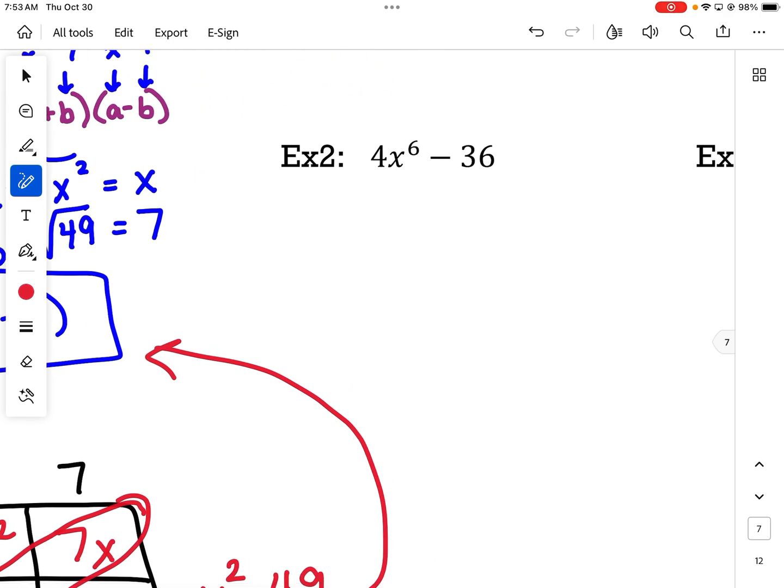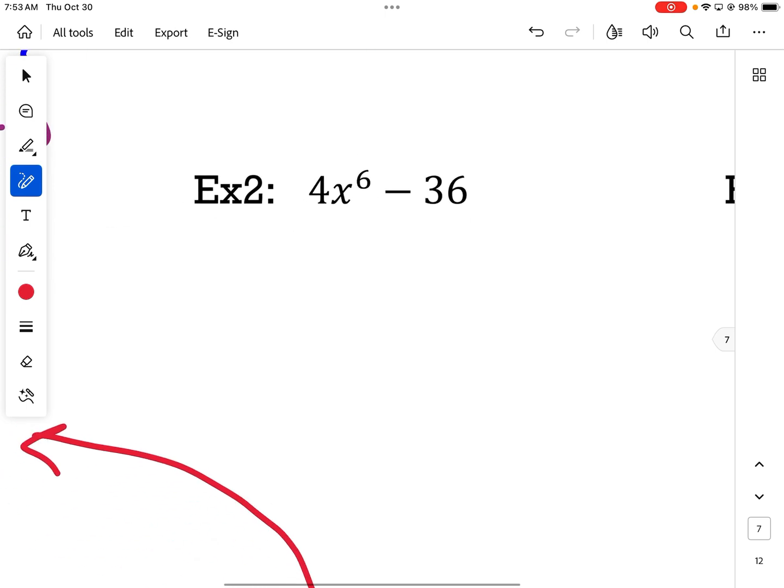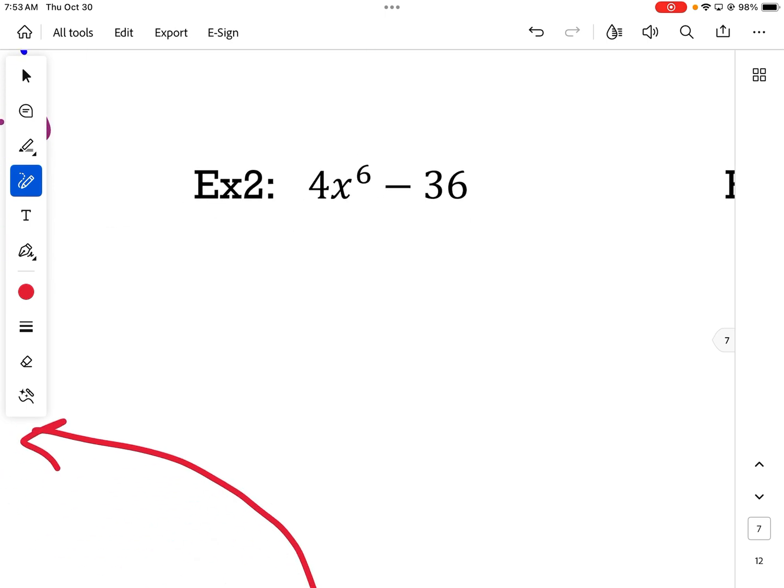All right, let's look at example 2. This is going to be a squared minus b squared. Although when you square root a value with the x attached, you also have to change the value. Yes. So when you take a square root, you have to square root them both.